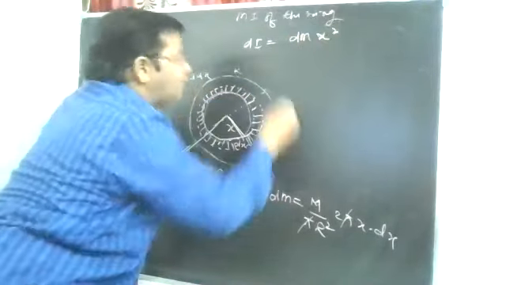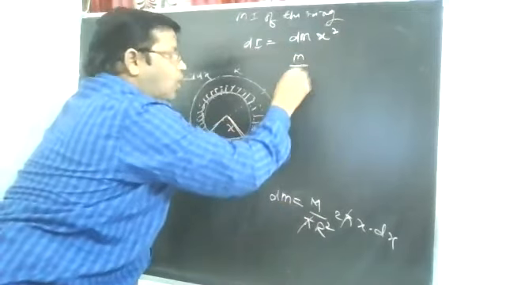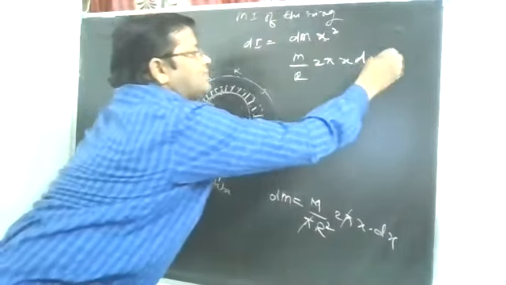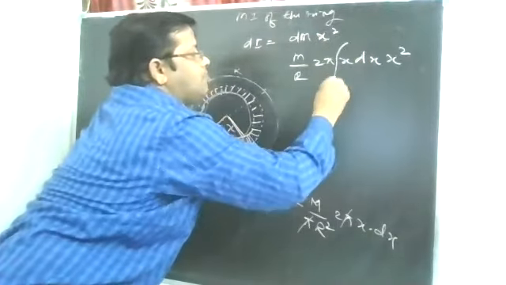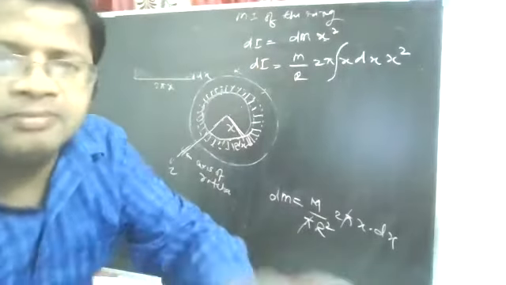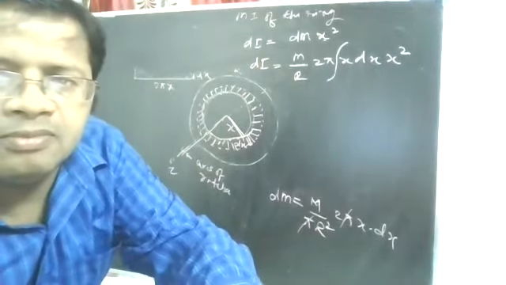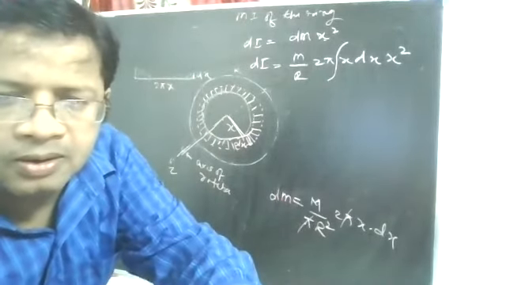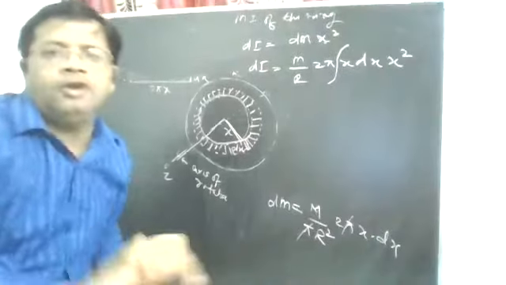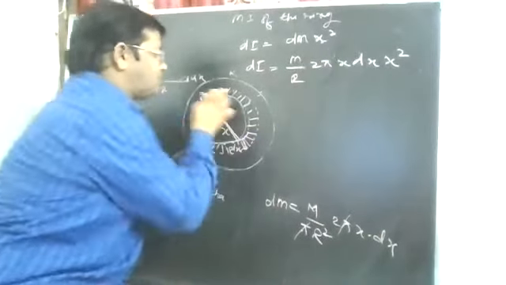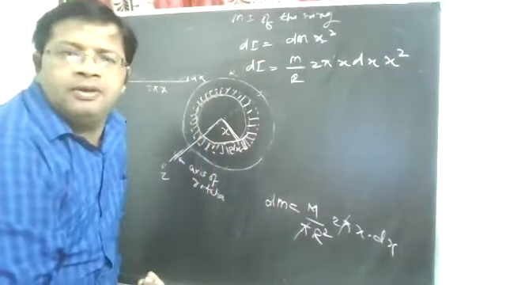Put the value of dm: m by r square, 2 pi x into dx, into x square. This is the moment of inertia of this small circular portion.